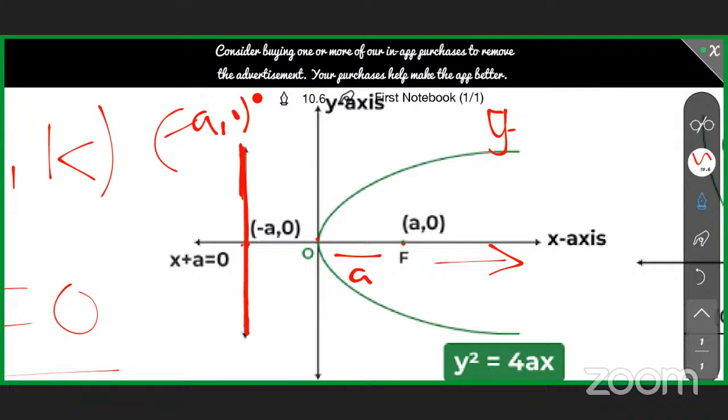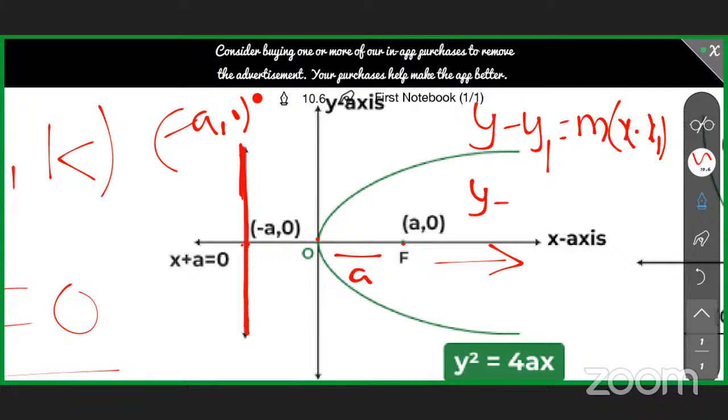The equation of the line by point-slope form is y minus y1 is equal to m into x minus x1. So y I keep as it is, y1 is 0. The slope m is infinity, which I can write as 1 by 0.